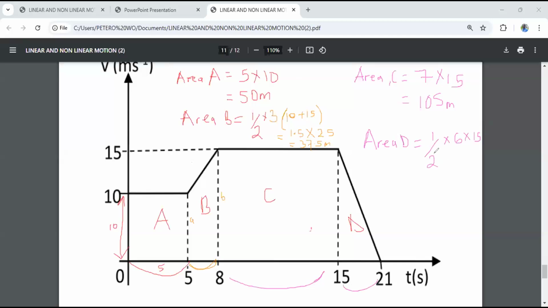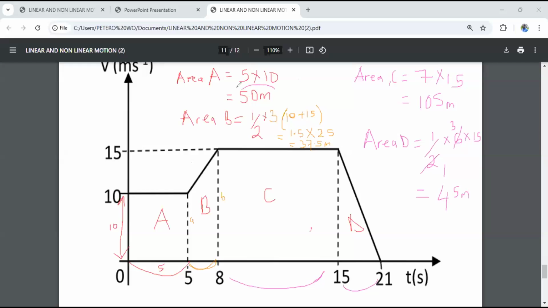So if we divide the 6 by 2, we get 3. So 3 times 15 gives us 45 meters.